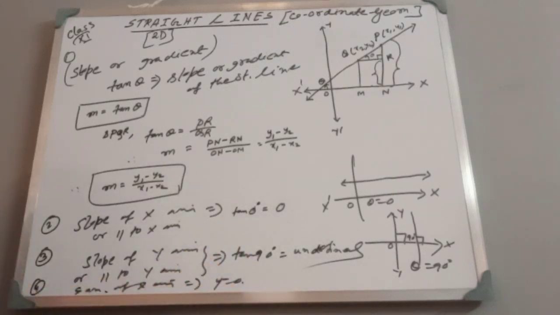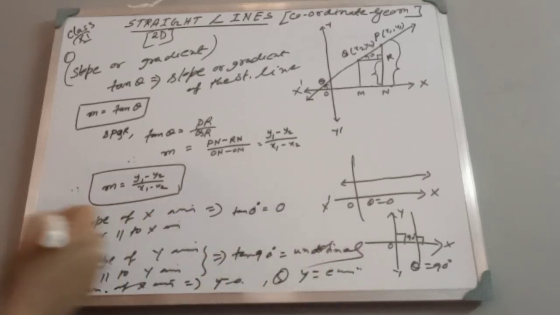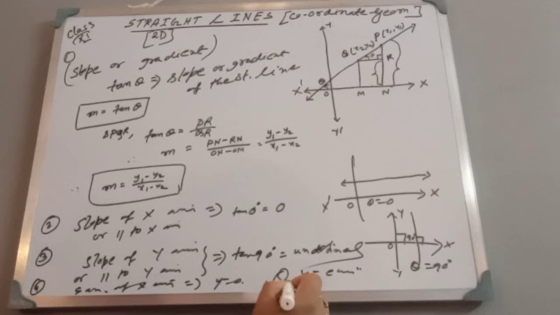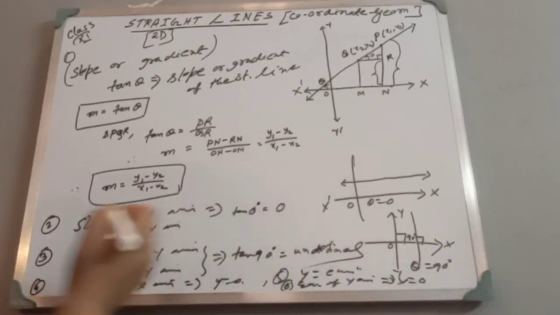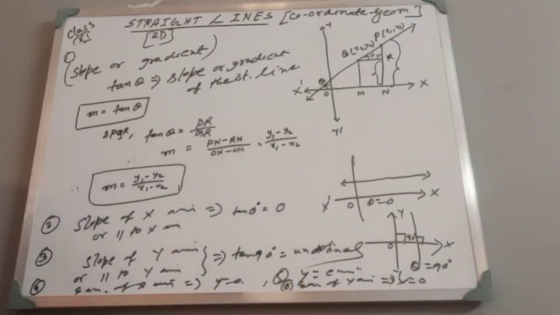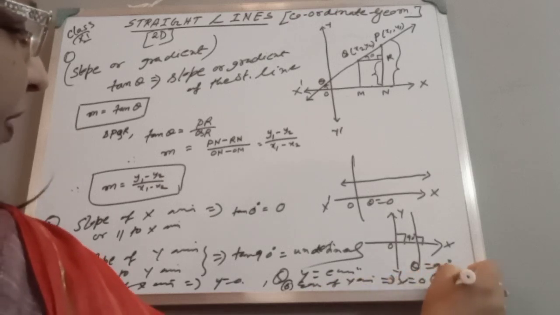Similarly, equation of the line parallel to x-axis, y equals to constant. Remember this. And equation of y-axis implies x equal to 0. Similarly, equation of the line parallel to y-axis, x equal to constant. Just remember this part. Okay.